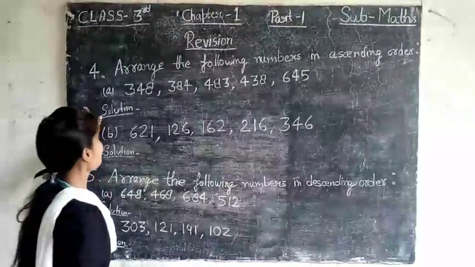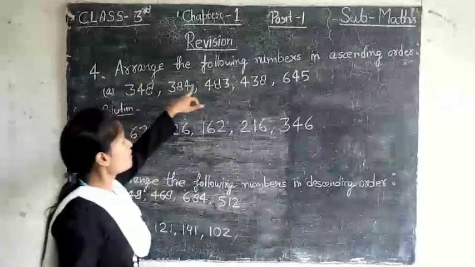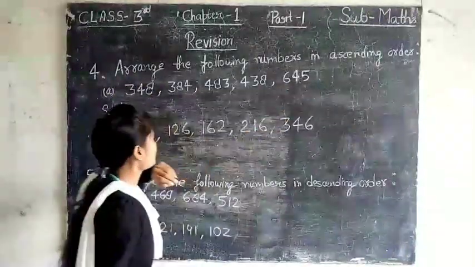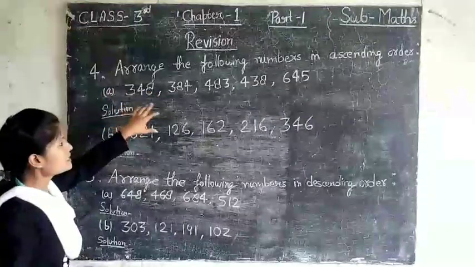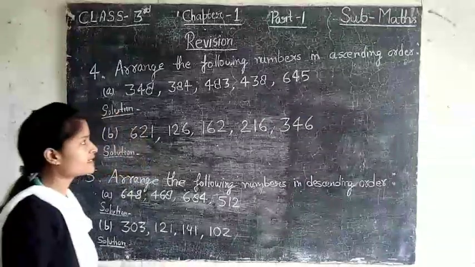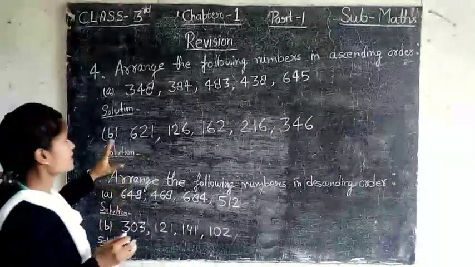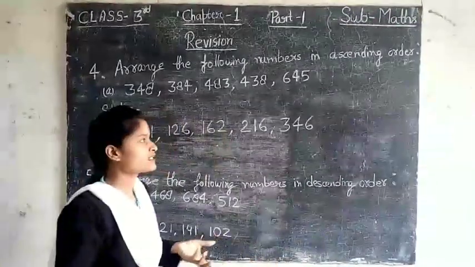Now go for the next question, which is arrange the following numbers in ascending order. In this we arrange the given numbers in ascending order, that is बढ़ते क्रम में लिखना या फिर किसी भी दिए गए संख्याओं को बढ़ते हुए क्रम में व्यवस्थित करना.